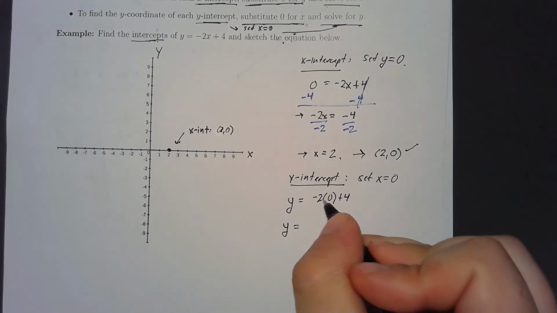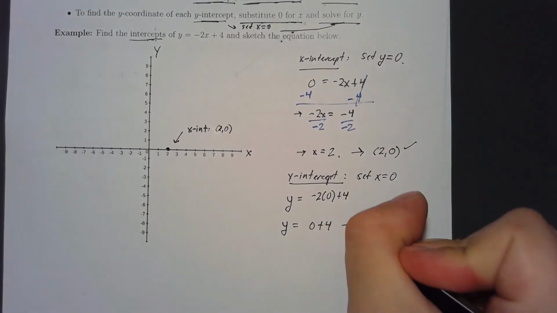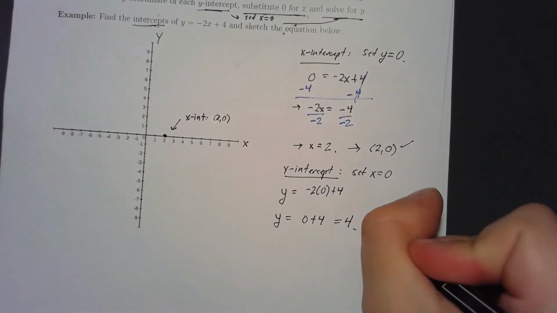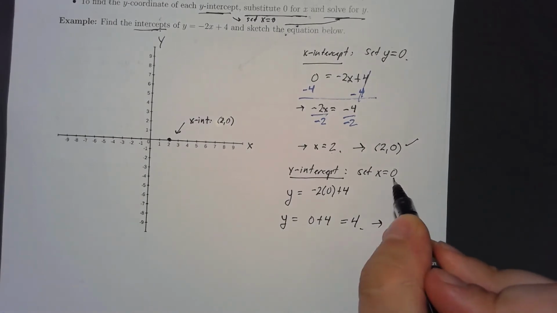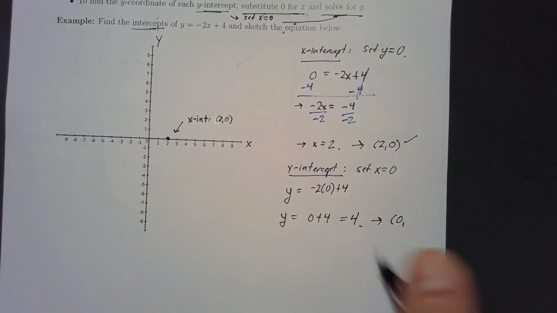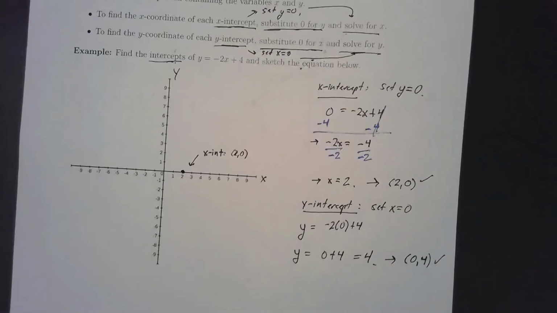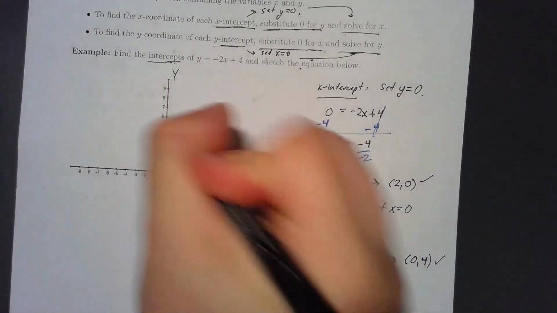Negative 2 times 0 is 0. Plus 4, that's just going to be 4. So as an intercept, what does this look like? When x was 0, y was 4. That's my y-intercept. So 0, comma 4 is right there.